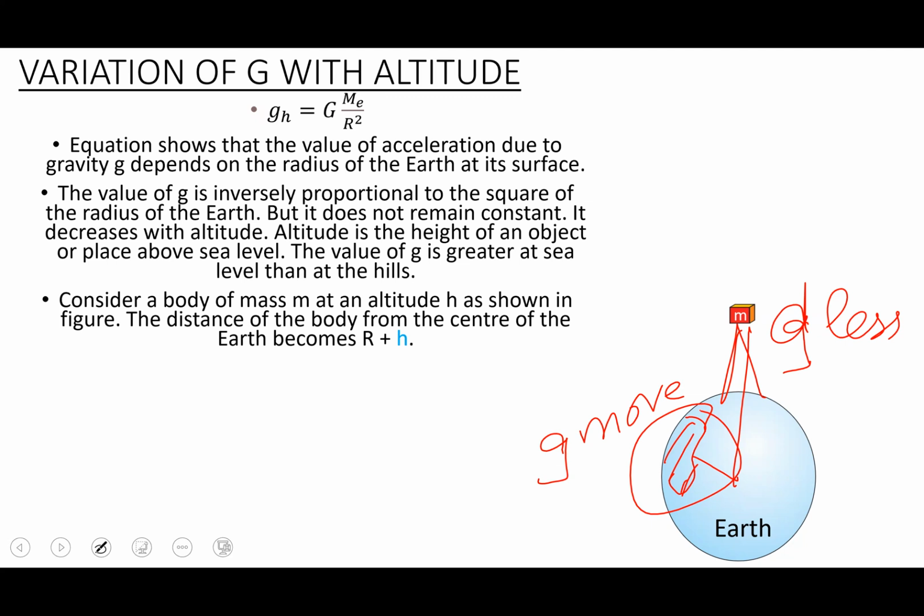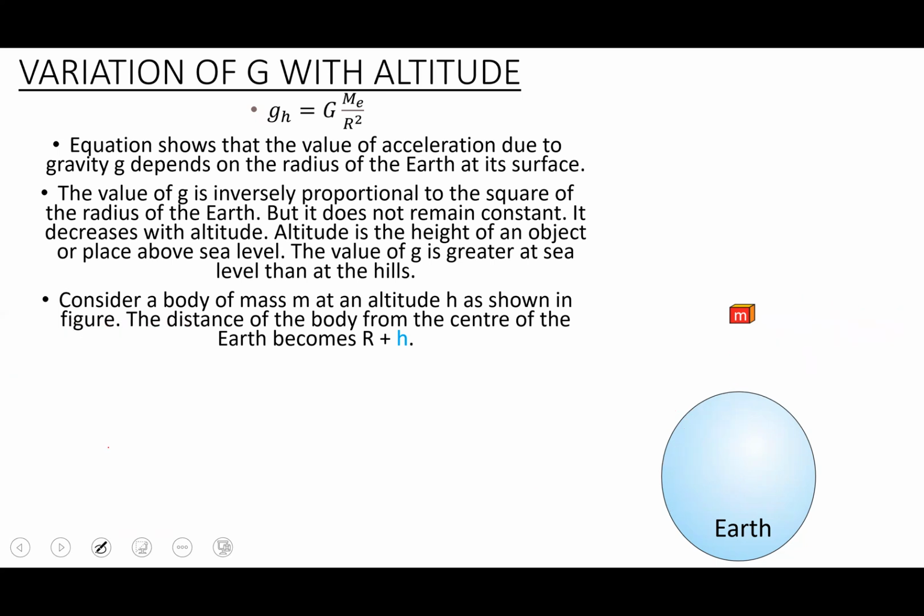Now consider a body of mass m at altitude h as shown in the figure. The distance of the body from the center of the earth becomes r plus h. That means this much distance is known as R, which is the radius of the earth, and we have introduced a new height to that body, which is h.